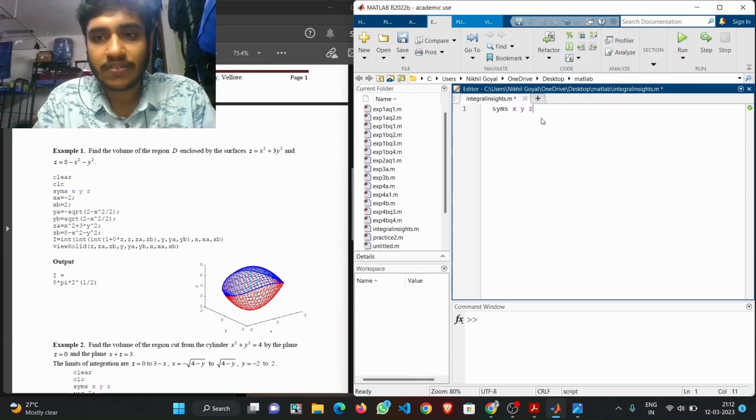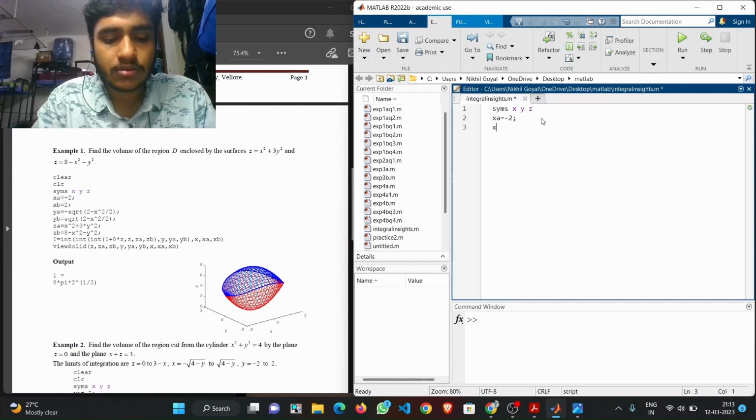We'll be using these three variables. After that we'll write the lower and upper limits, each in different variables. Like xa, we'll write minus 2, that is the lower limit of x, and then a semicolon to terminate the line. Then xb equals 2, that is the upper limit of x.